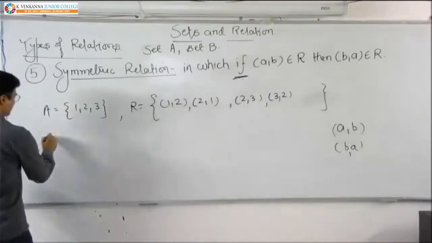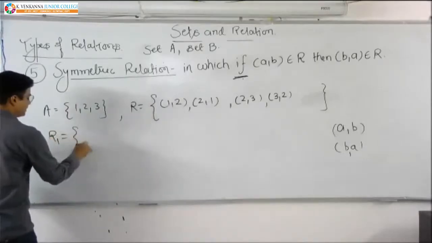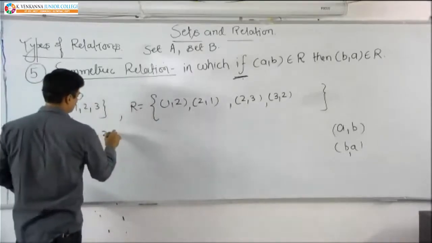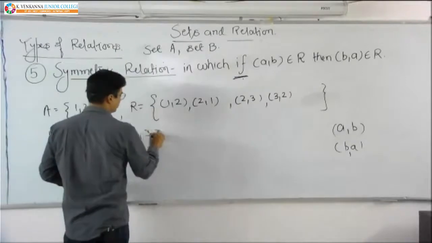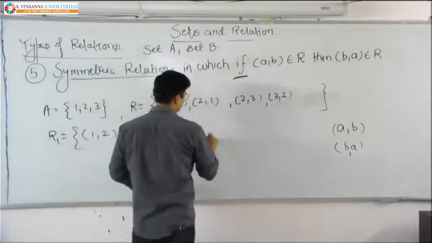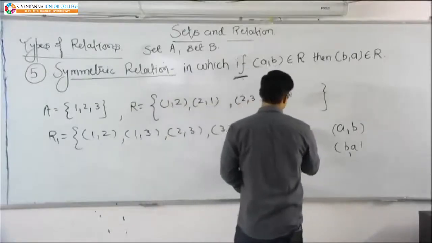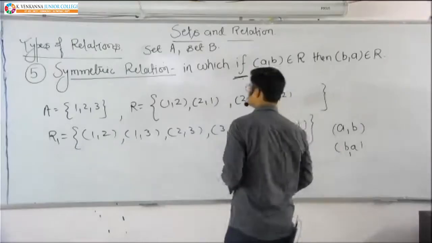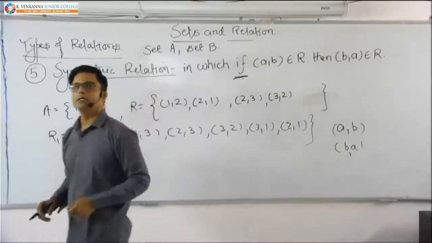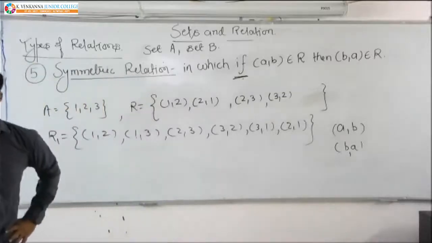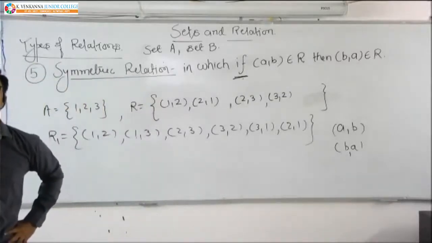Let's say I'm defining a relation R1 having the elements 1 comma 2, 1 comma 3, 2 comma 3, 3 comma 2, 3 comma 1, and 2 comma 1. Is it a symmetric relation or not?